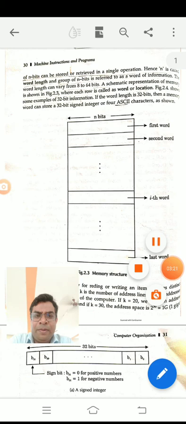This is the lower address data, and here also the same: 2 to the power of k minus 1, 2 to the power of k minus 2, 2 to the power of k minus 3, 2 to the power of k minus 4. This is big endian, and this is little endian. This is the higher order, this is the lower order.